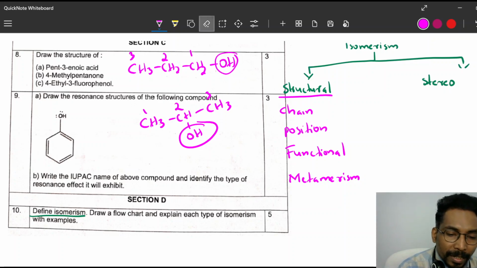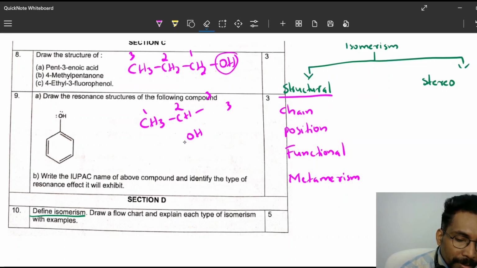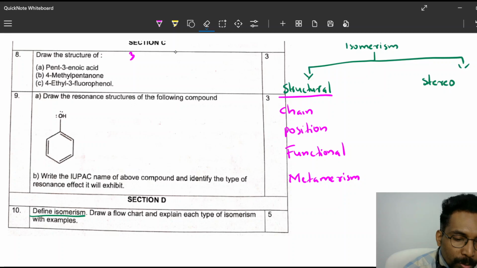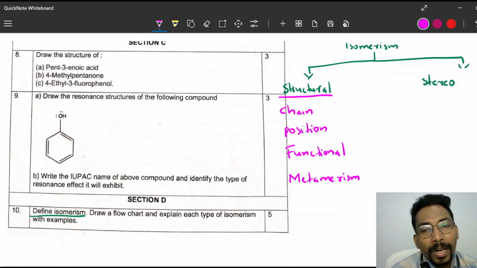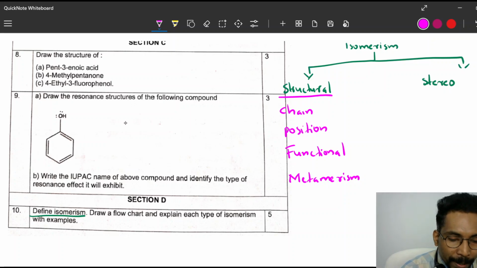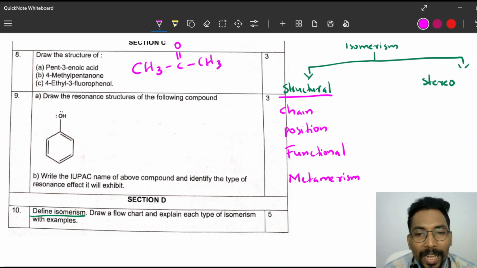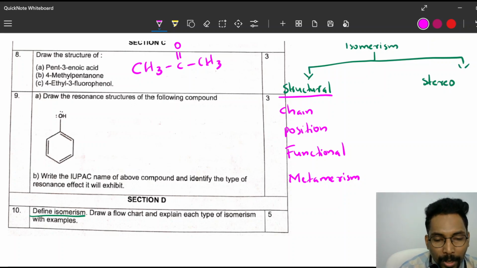Clear? Yes. Next one, that is functional isomerism. Definitely they'll be having same molecular formula but different functional group. We can check. CH3, C double bond O, CH3. What is this compound? Acetone, propanone. What is the molecular formula?